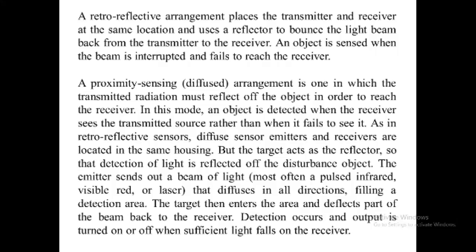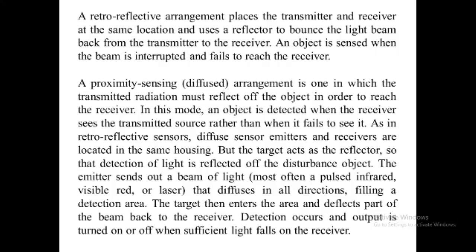In addition, these sensors can be the most affected by color, texture, angle of incidence, target characteristics, and dirty environments. This proximity sensing diffuse arrangement is one in which the transmitted radiation must reflect off the object in order to reach the receiver.